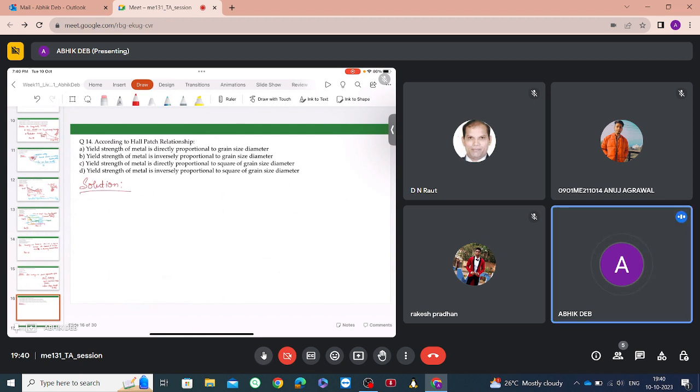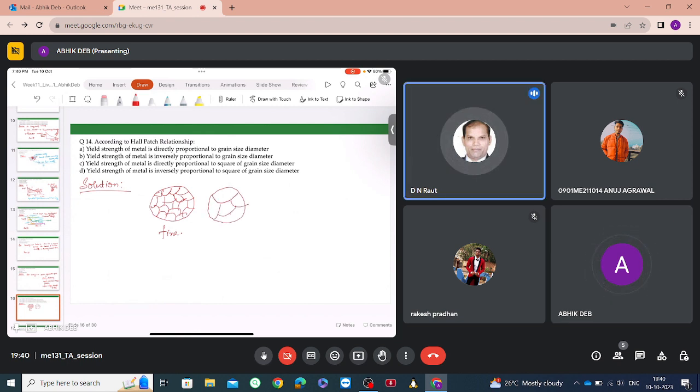See, we have discussed this numerous times: finer grains result in increased hardness or strength. Suppose these are the grains.